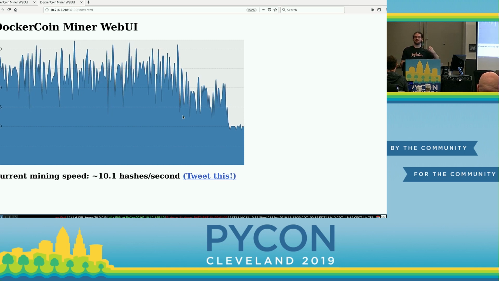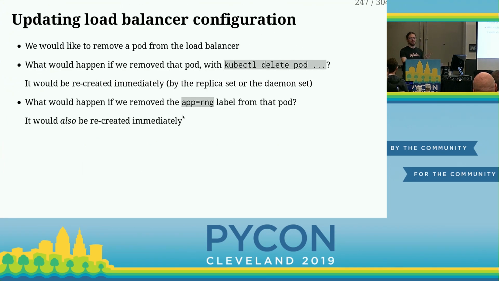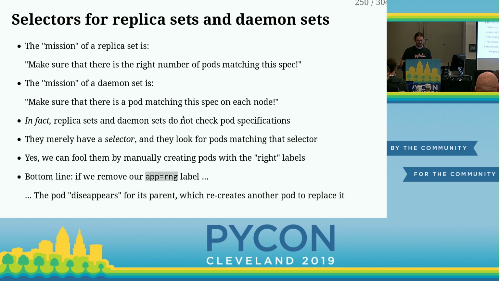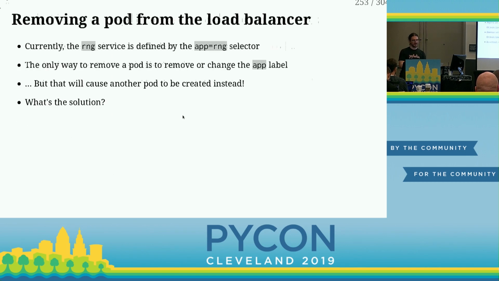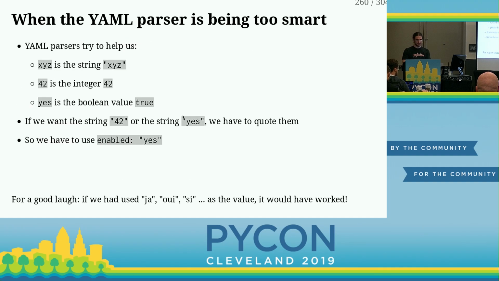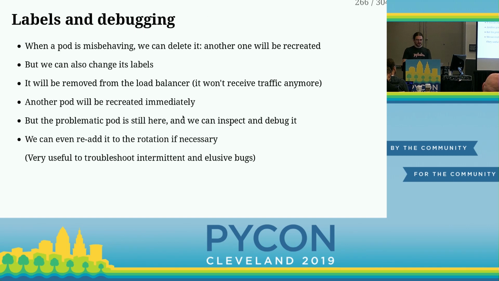It takes effect instantly, and I can manipulate my load balancer configuration live without requiring root access to the load balancer, without requiring me to open a ticket with the networking team, etc. So that's what we did. This can be used for debugging. If I need to remove something from the load balancer, I remove the label and do some tests.